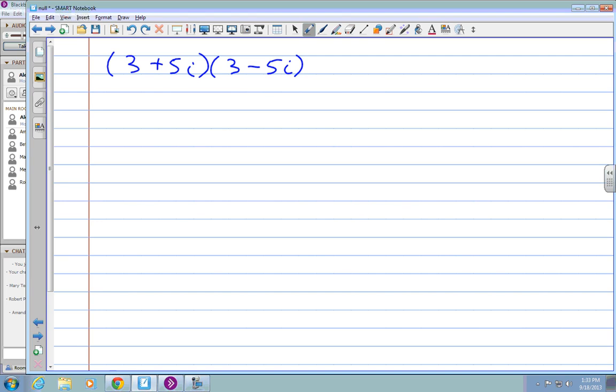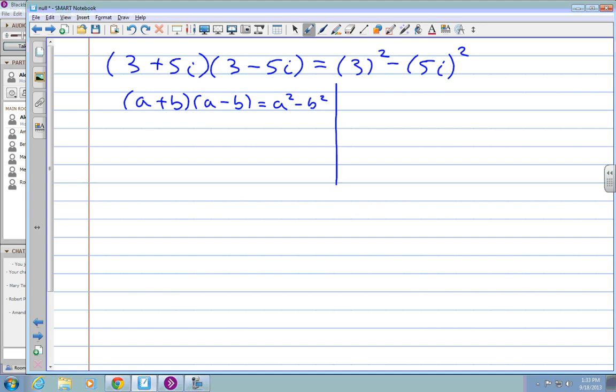You have two parentheses that only differ by sign in the middle, so it feels like the difference of squares formula. I can multiply it really fast. Remember the difference of squares formula, a plus b, a minus b equals a squared minus b squared, that thing? So therefore I can just do this. 3 squared minus 5i squared, using the difference of squares formula. Or you can FOIL, you'll get the same thing.